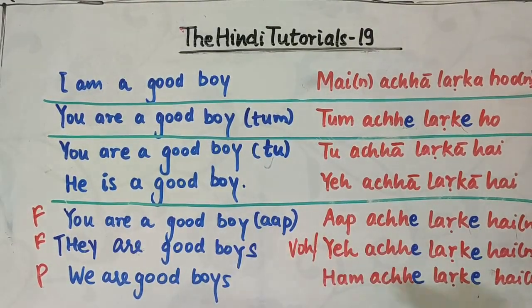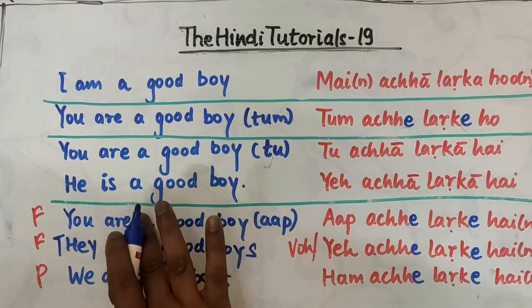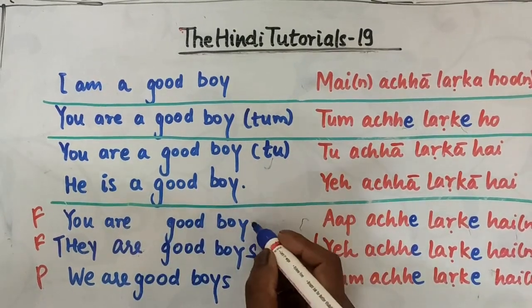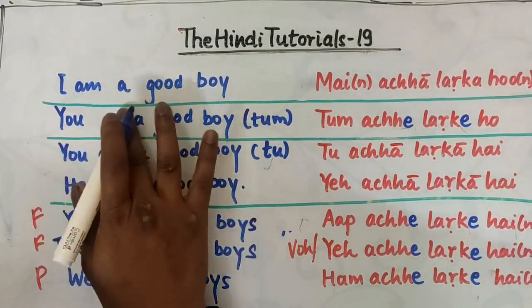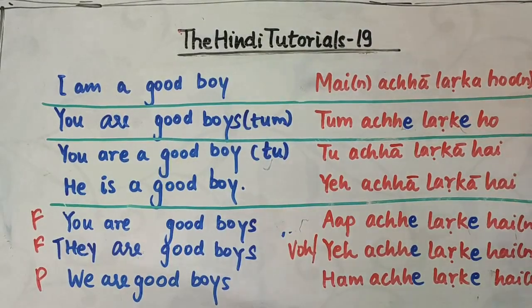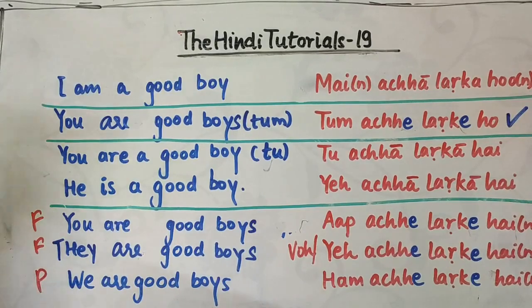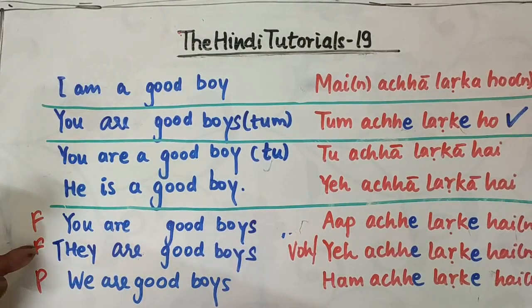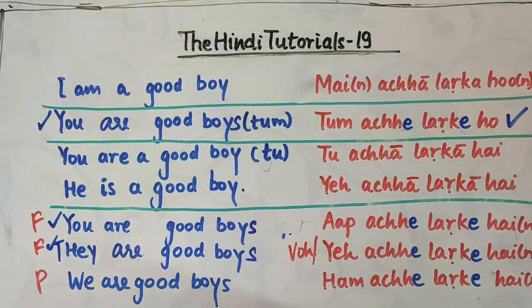Okay. ये for someone who is standing near and वो for someone who is standing a bit far away. And again, had it been you are good boys. Okay. And even here, you are good boys. The sentences would have remained unchanged because their singular forms follow the rules of plurals. ठीक है.